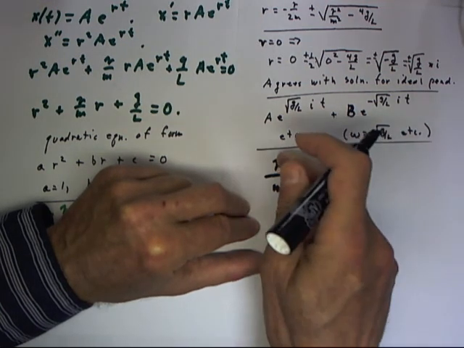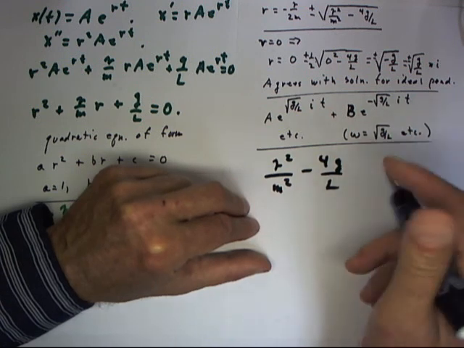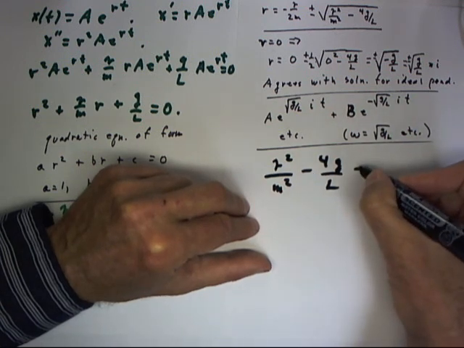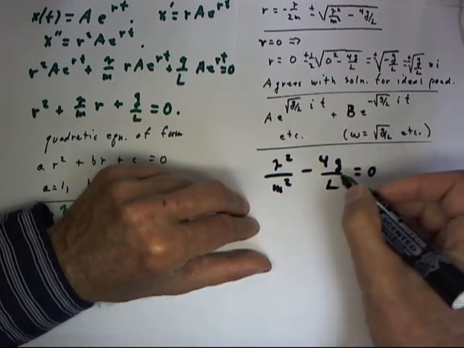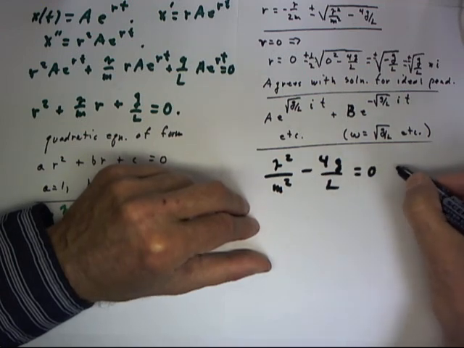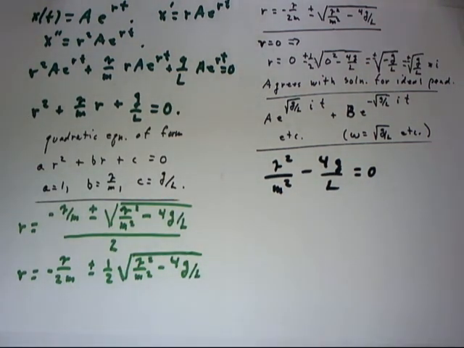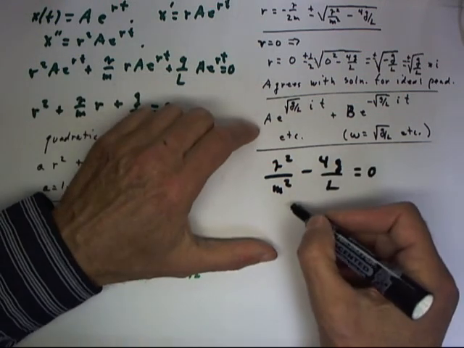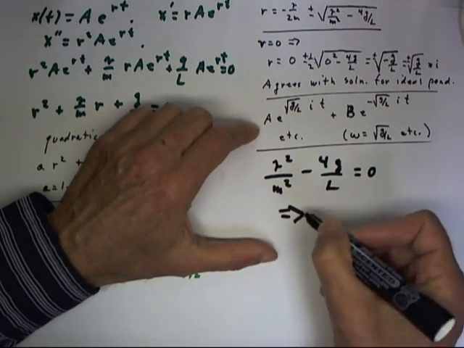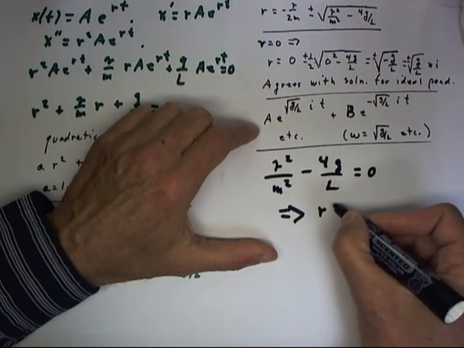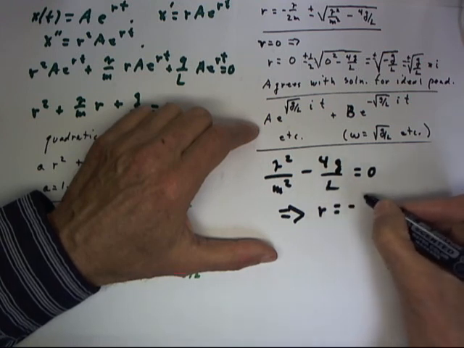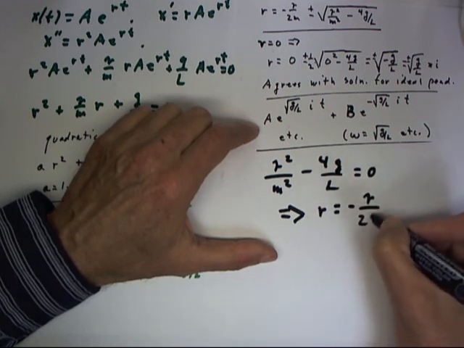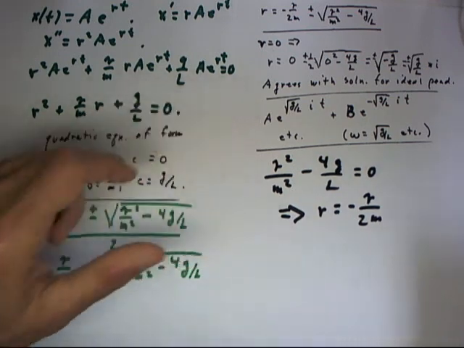The discriminant, gamma squared over m squared minus 4g over L, might be 0. If that's the case, then r is going to equal simply minus gamma over 2m.